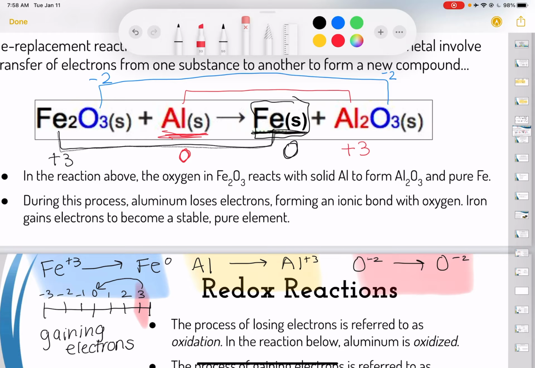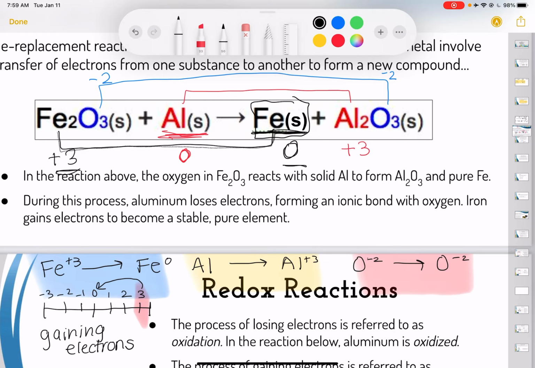Okay. So iron in this case, from this side of the reaction goes +3 all the way to 0. In doing that, it's gaining electrons. So there's only ever going to be one thing that gains electrons, so automatically the other thing is going to be losing, and then the other thing in the reaction is going to be staying the same.